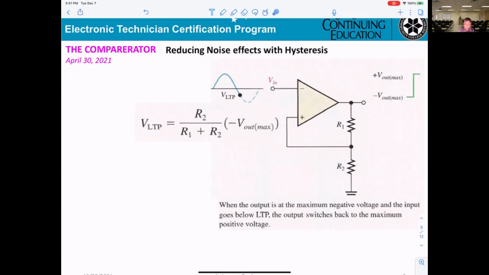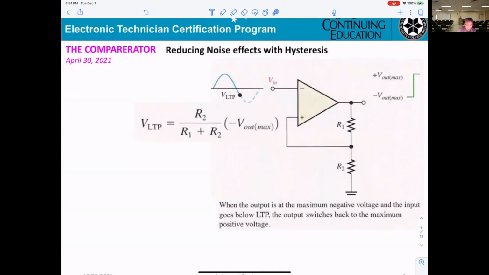So the first thing you need to know is to calculate the V upper trigger. Then you have to calculate the lower trigger, and the formula we already told you.